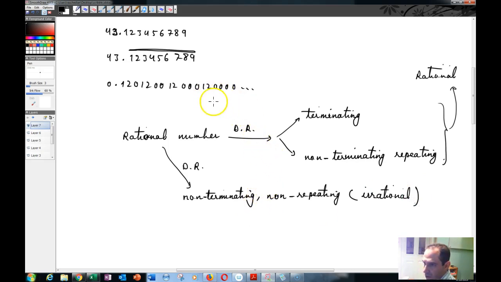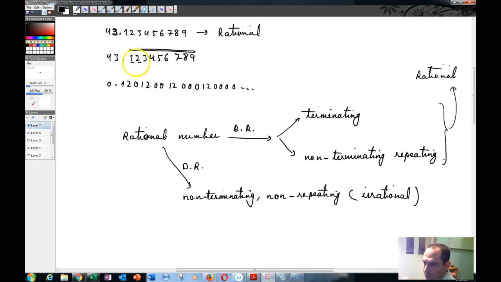Over here what you have is 43.123456789, which has a terminating decimal representation, so this is a rational number.